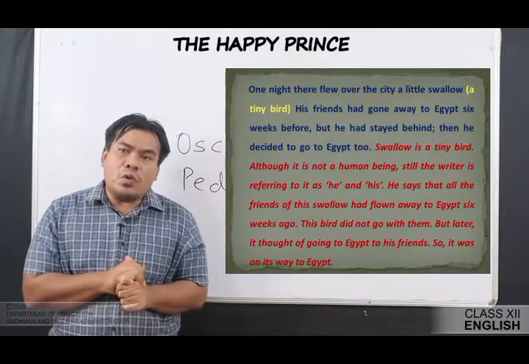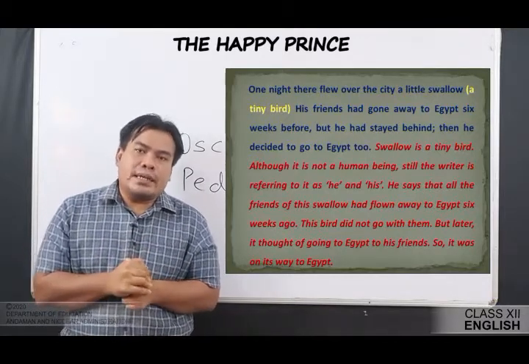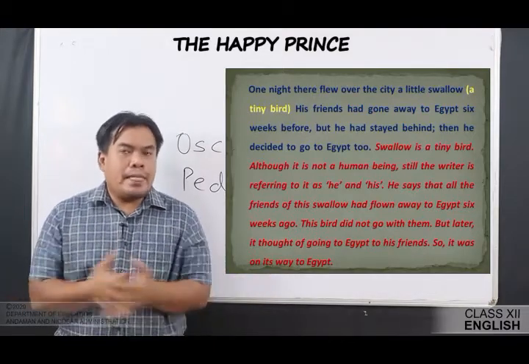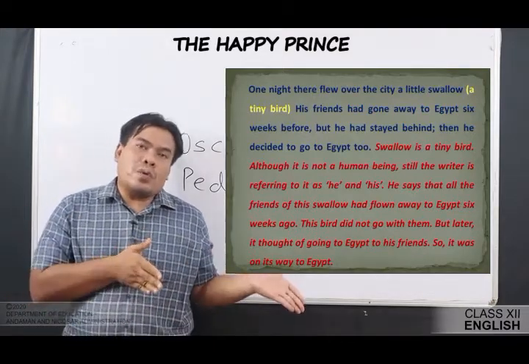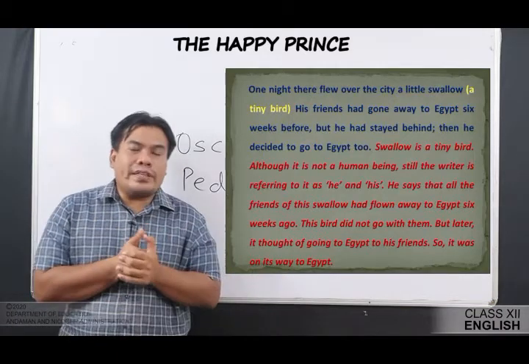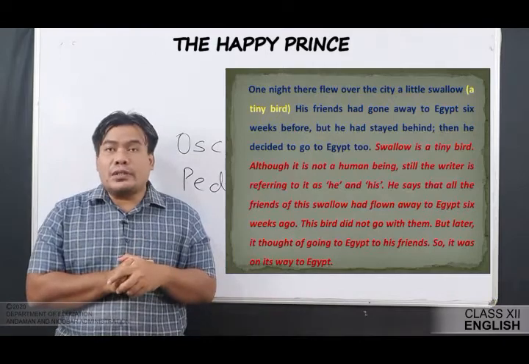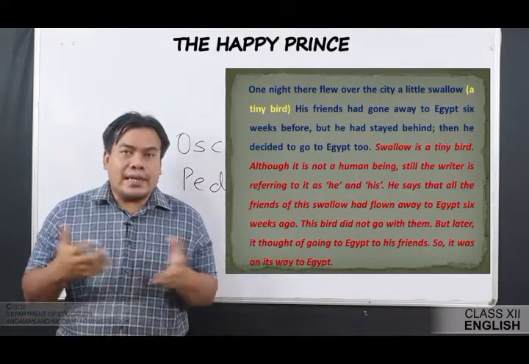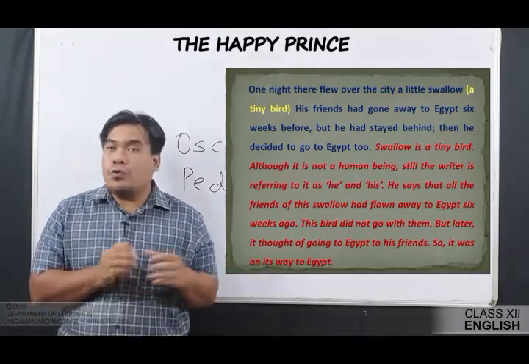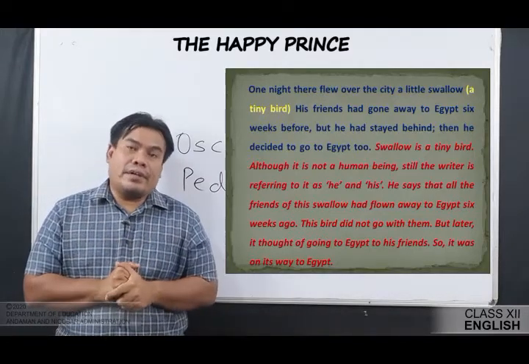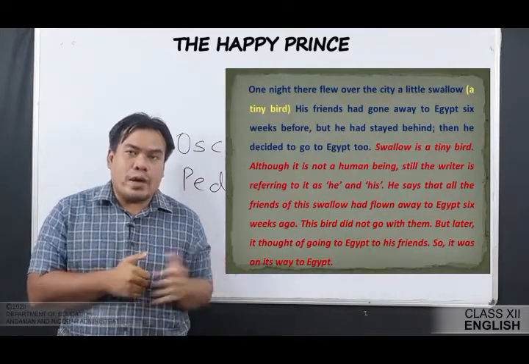This bird did not go with them, but later it thought of going to Egypt to his friends. So it was on its way to Egypt. So this swallow didn't go along with his friends who had flown to Egypt 6 weeks ago, but now he had decided that he just wants to go to the flocks of those birds who left him.